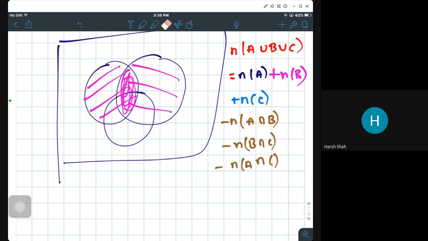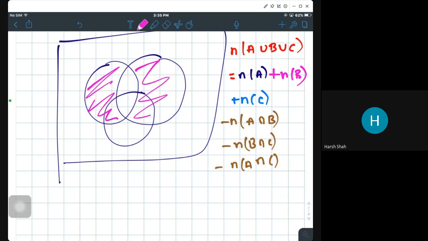So what I have left for these two is this thing and this thing. Then I took this thing and subtracted this part and this part.